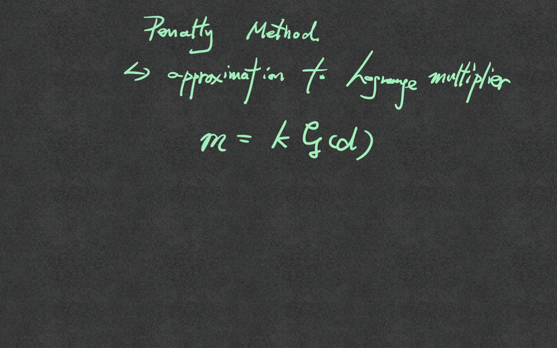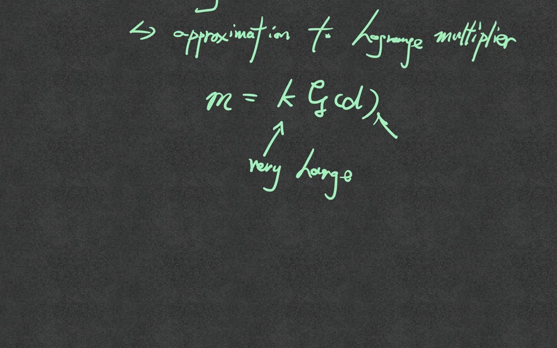But if I put this term there and K is very large, I would prevent my solution from violating this constraint. You see what I mean? Because my original goal is minimizing the energy functional, but if I violate the constraint, the loss function is going to shoot up. So I will not minimize that. I will avoid this point.